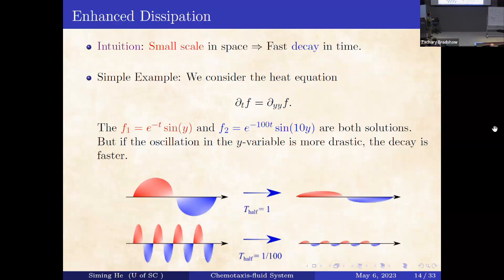One is sine y, and it decays with rate 1. So the half-life is 1. And if your solution is like sine 10y, you just create 10 jumps here, and now the decay rate is 100. So after 1 over 100, the solution will decay very fast. This is what we are looking for in this business. We are searching for small scale creations.